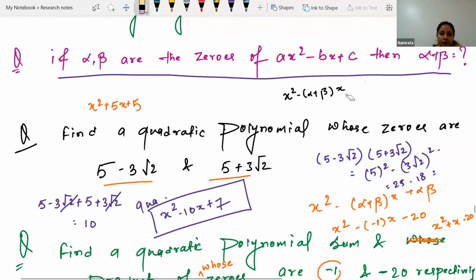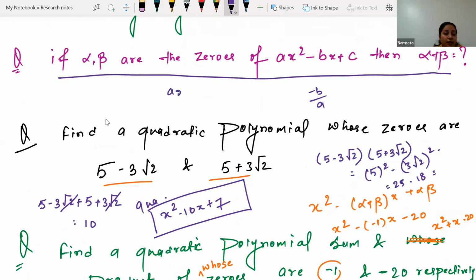Alpha plus beta will be minus b upon a. Minus b by a, right? Yes, ma'am. But that is minus b by a for ax square plus bx plus c, Harshit. Here, in place of plus b, we are having minus b.